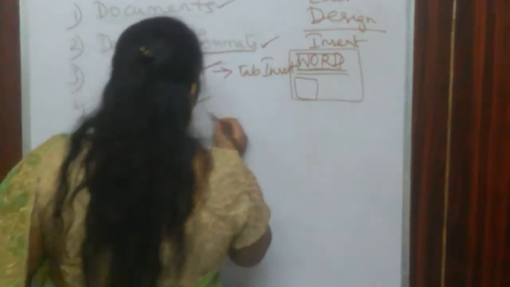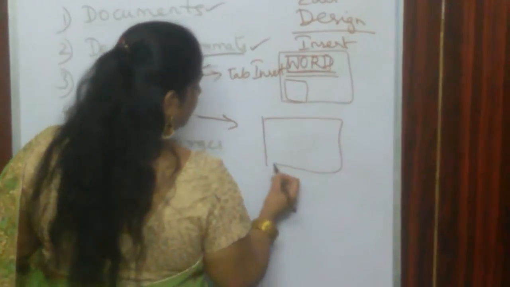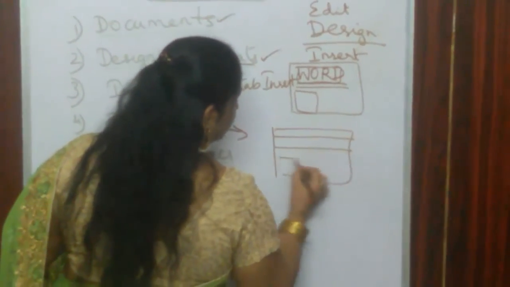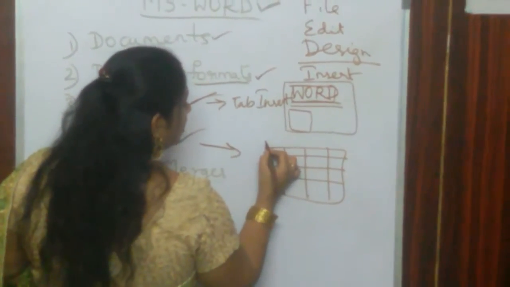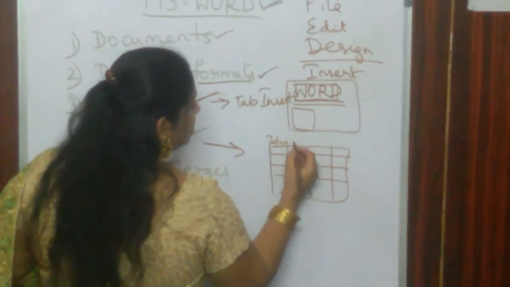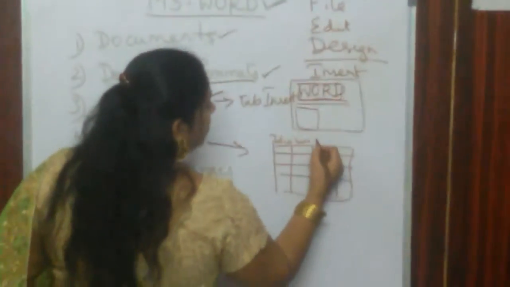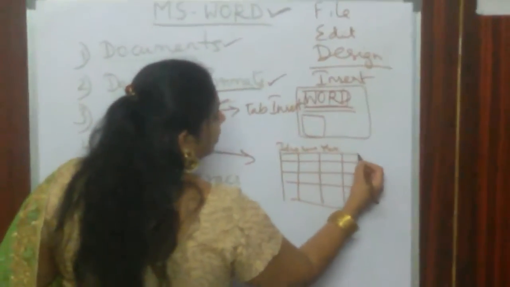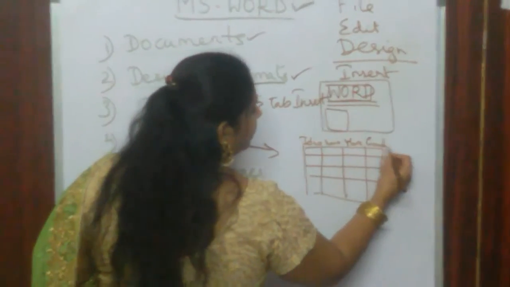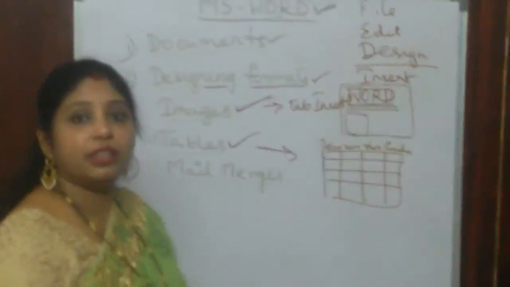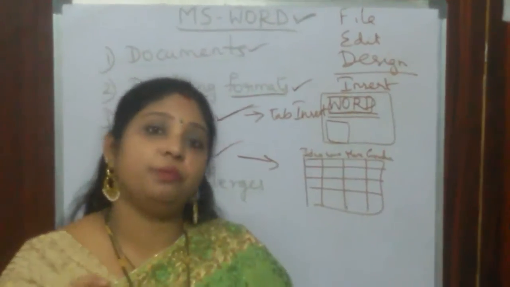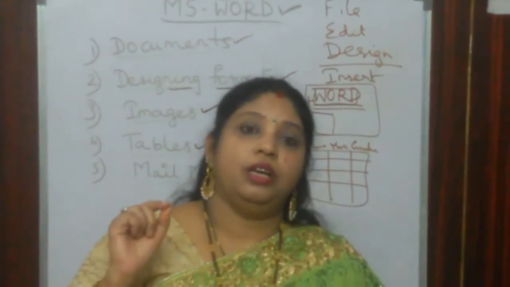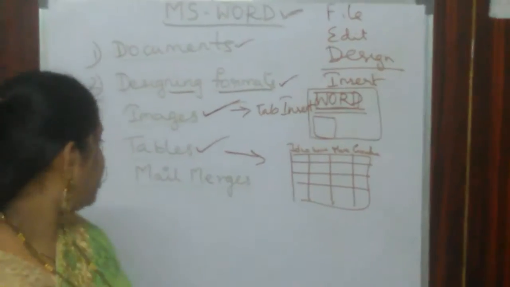It will be in a form like this. See, these are the rows, these are the columns. Suppose you want to enter ID number, name of the student, marks scored, grade. You can write all of these in the table. If you use the table format, it will be easy for everybody to understand the data. So that is about tables.